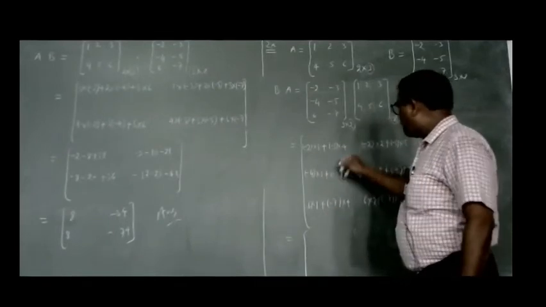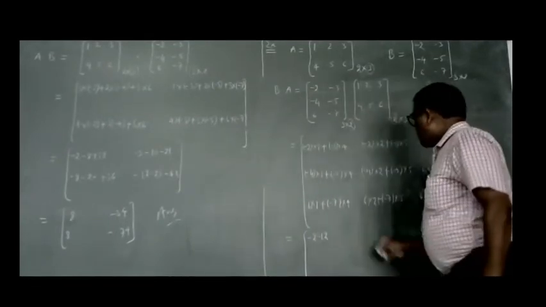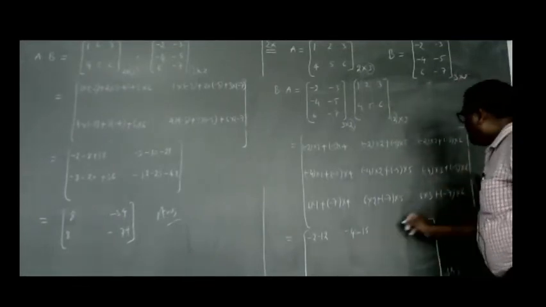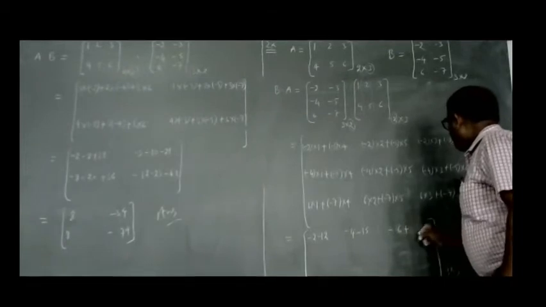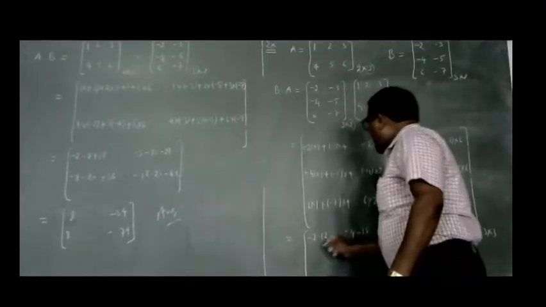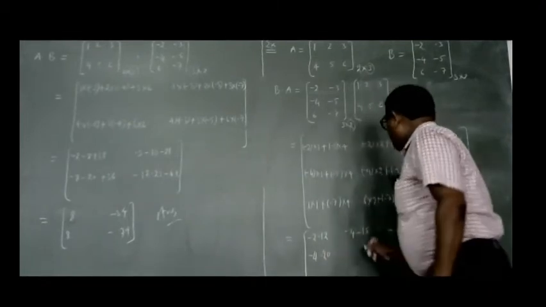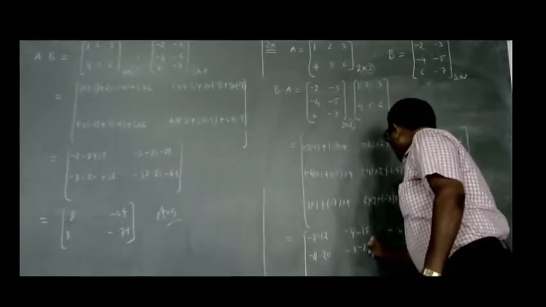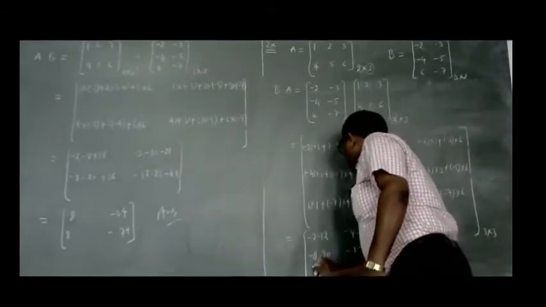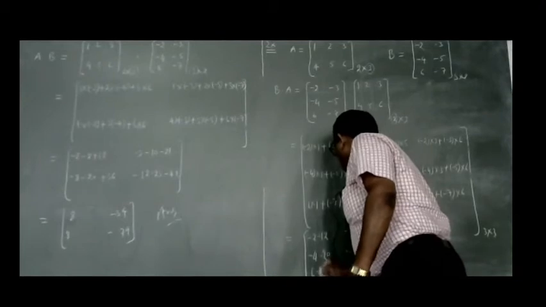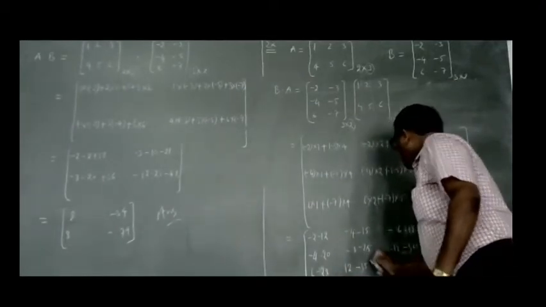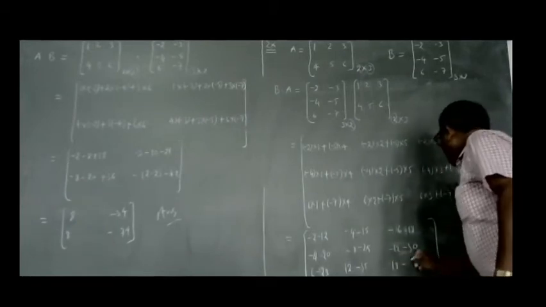It is minus 2 and minus 12, minus 4 into minus 15 plus minus 6, minus 6 plus minus 18, minus 18, minus 4, minus 20, minus 8, minus 25, minus 12, minus 30, 6, minus 28, 12, minus 35, 18, minus 42.